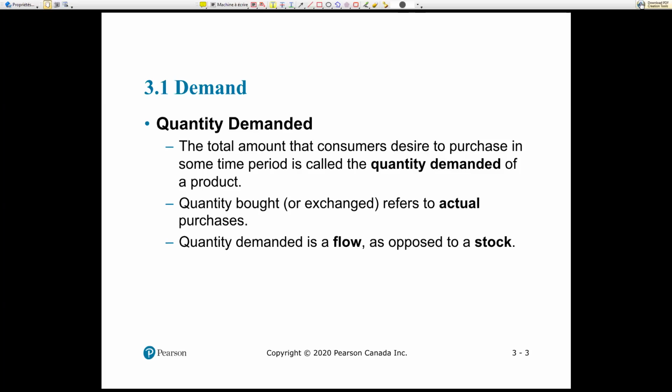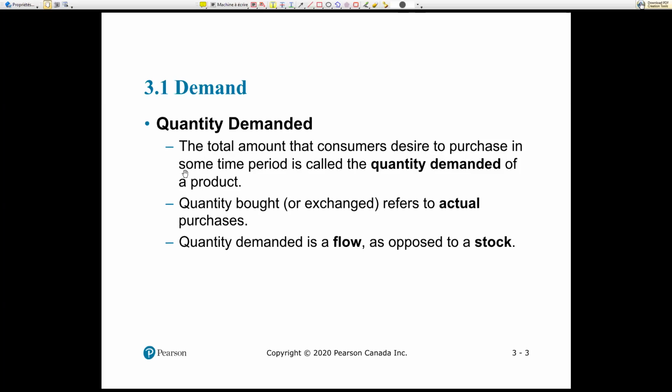So people who really like chicken would go there and buy chicken. And some people don't like chicken all that much, and they would just not buy any. And some would go and buy 2 chickens or 3 chickens. That's all part of the quantity demanded. So that's the total amount that consumers desire to purchase in some time period.